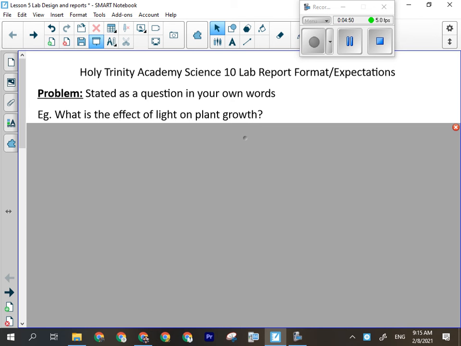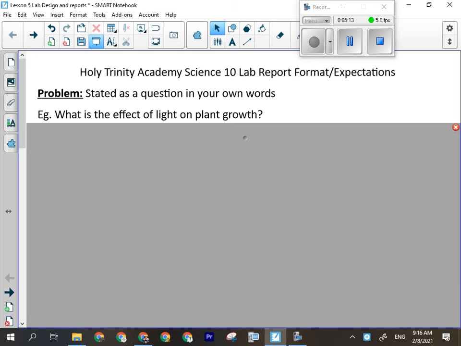Okay, for your responding variable, very similar. I identify my responding variable and I explain how it's responding and how it's being measured. Are there a lot of different ways to measure plant growth? Yeah, okay, I mean, the simplest idea would be measure how tall the plant gets, but what if this is a plant that crawls? Or what if this is a plant that has some kind of weird spreading growth pattern that's really hard to measure?